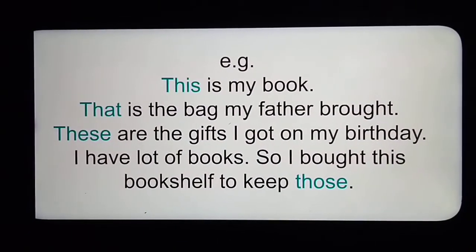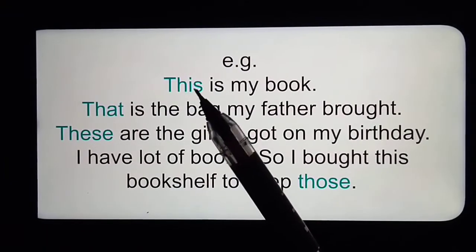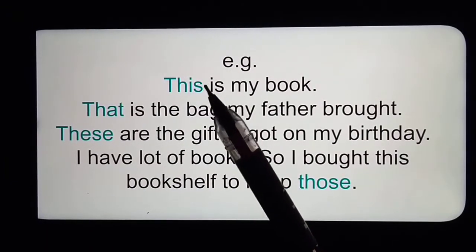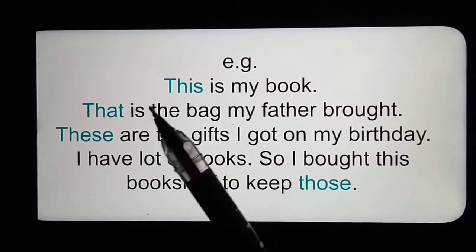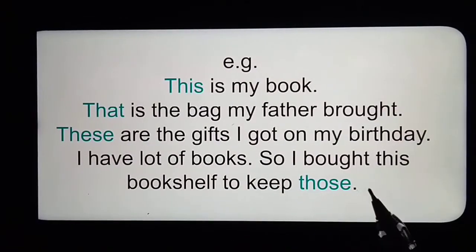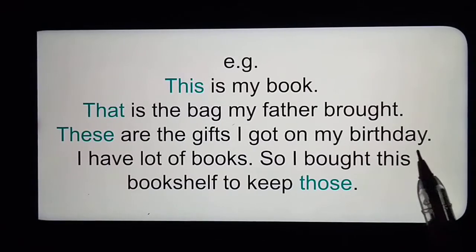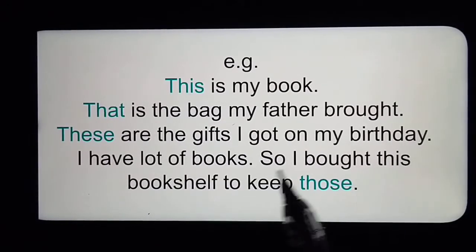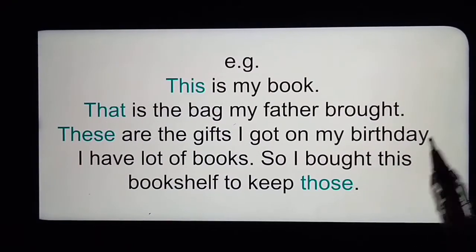Got the difference, right? I'll repeat it, that if the word is followed by a noun, it will be an adjective. But if no noun is there, here no noun is there, here also, here also, so these are acting as pronouns, while this one is followed by a noun. What is the noun? Bookshelf. So here this word is an adjective, not a pronoun.